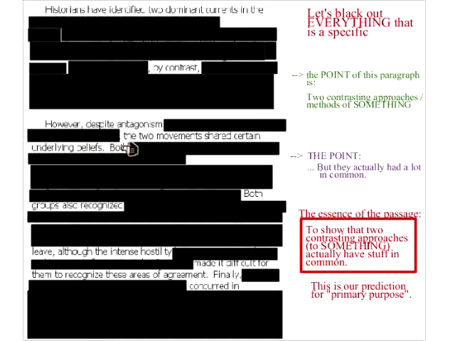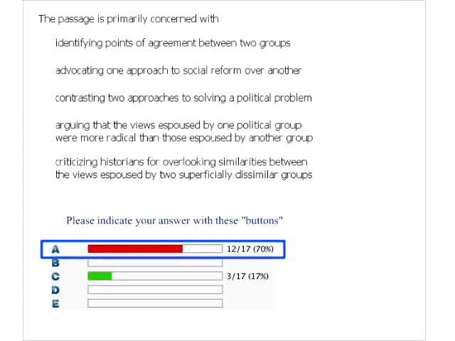So despite antagonism, the two movements shared underlying beliefs. They both did this, they both did this, they concurred in this. This is the majority of the passage. So if you say that the point was to contrast the two approaches, then you're missing that huge emphasis. But the point is to identify the points of agreement between.